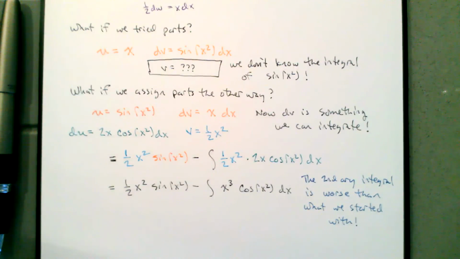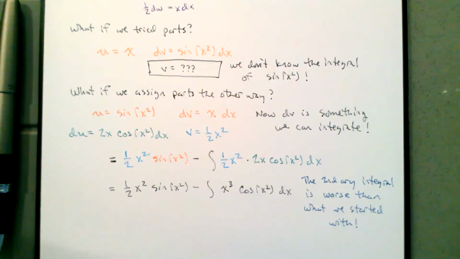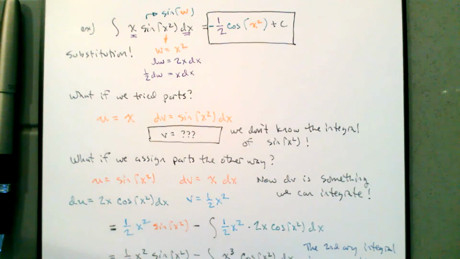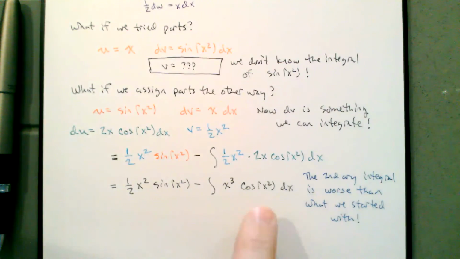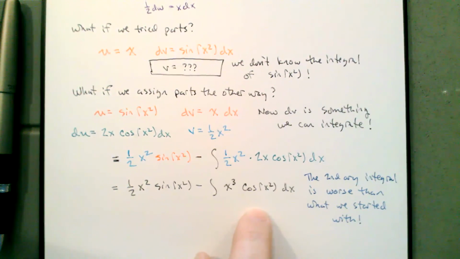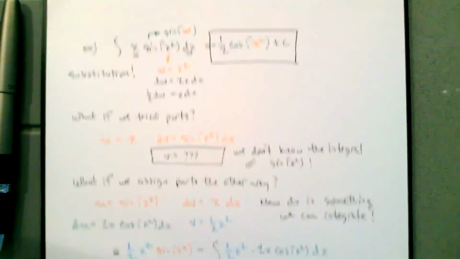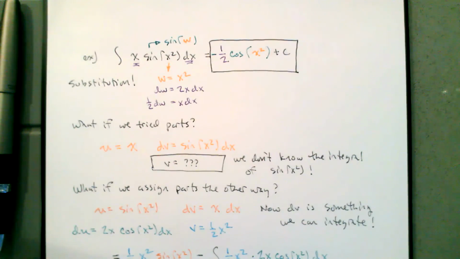Notice that the substitution that we make here is the substitution that we should have made in the initial problem. So technically, we can use substitution on this secondary integral. But the substitution that we're making here, w equals x squared, is the substitution that we should have started with in the original problem.